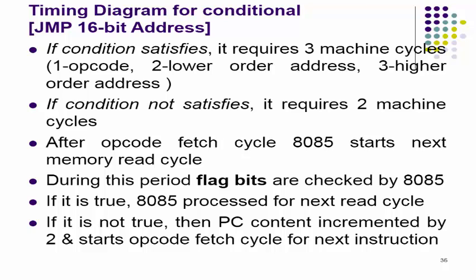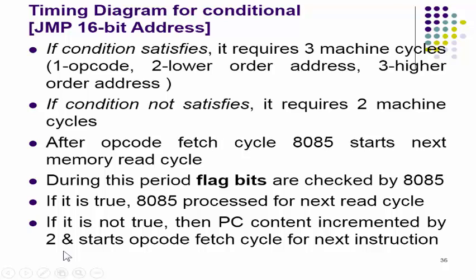If true, it proceeds to the next read cycle, and if not true, the program counter content gets incremented by 2. Why 2? Because after 2 bytes the next instruction starts.